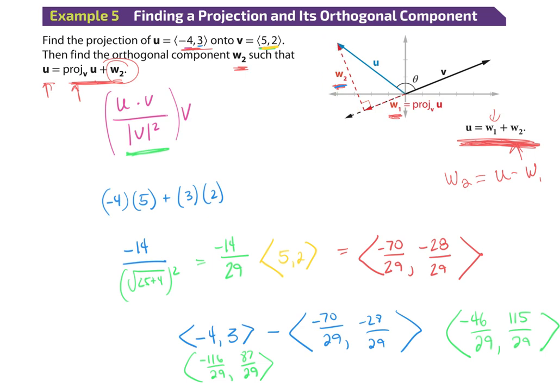Even if I were to put this in standard position and slide it up, it's still going to be in this particular quadrant, right? So you can eyeball it and see, does my answer make sense based on what I just did? So projection is going to be this formula. And then if they want to find the other piece, you're just going to end up subtracting. You're just using this piece of it to subtract.